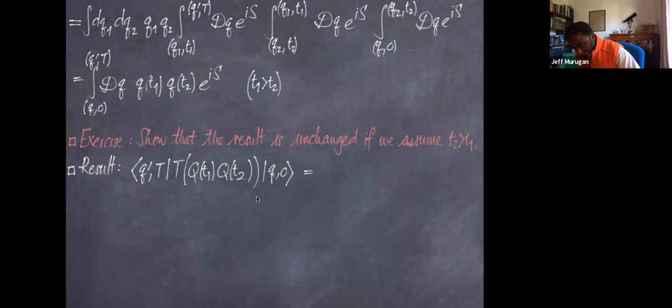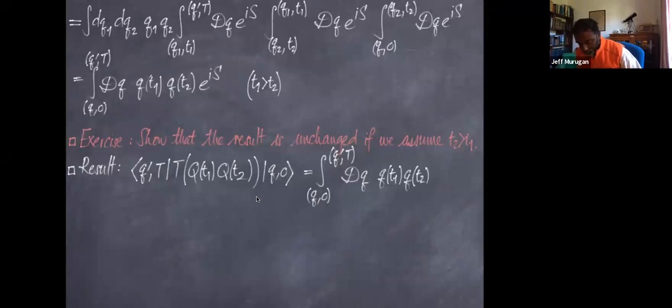is equal to the integral from Q at naught to Q prime at T, dq, Q at T1, Q at T2, e to the iS.